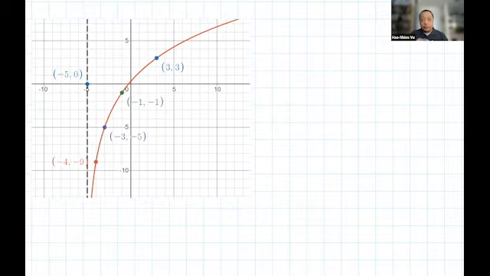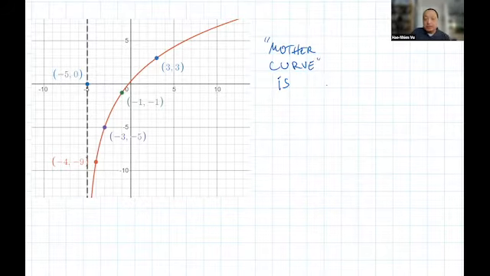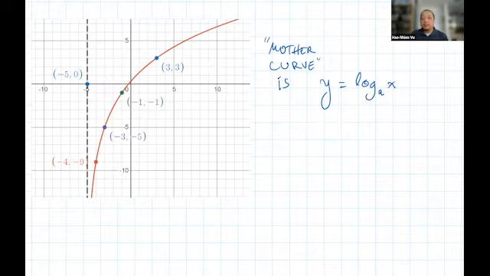Here's the approach. We know that this is a logarithmic function. So we know that the original, or some people call it the mother curve, is y equals log base a of x. So this is our approach.